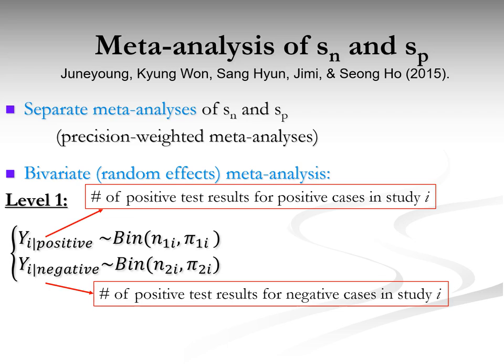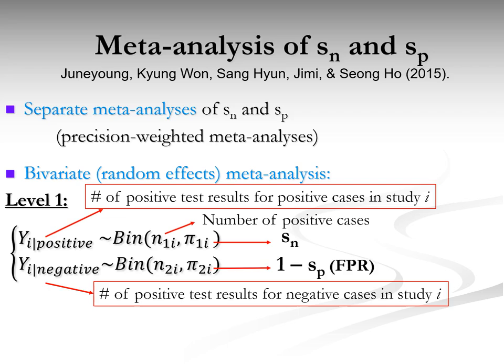So the number of positive test results for positive cases in study i follows a binomial distribution with the number of positive cases and with a probability, so the probability that a positive case is tested positively, so that's the sensitivity. For the negative cases, the probability of that binomial distribution is the false positive rate, so 1 minus the specificity. So that's the probability that a negative case will be tested positively.